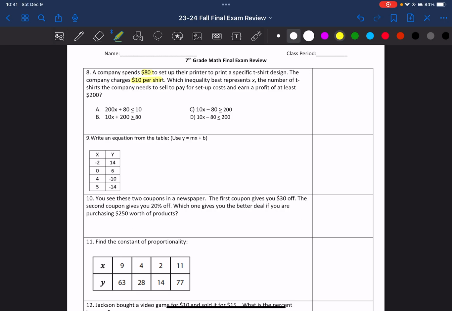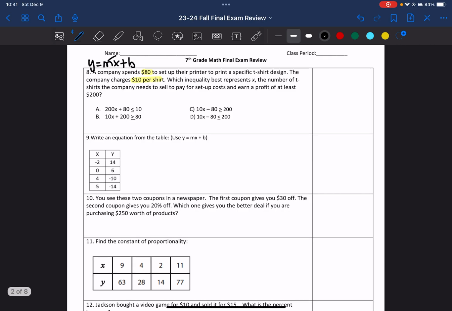You just have to remember that you have to write out your inequality as y equals mx plus b. And you also have to remember that m is going to be found by looking for the keywords per, every, each. If you see any of those words, you have found your m, or your slope.